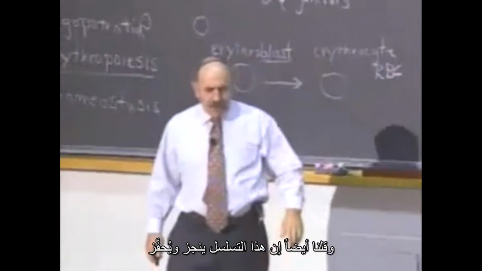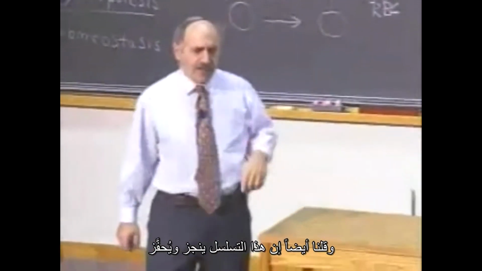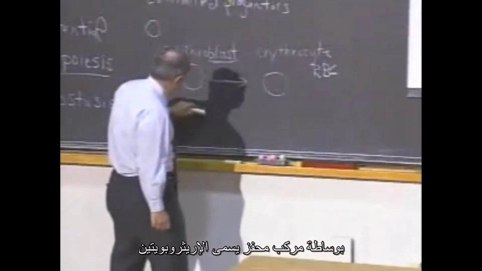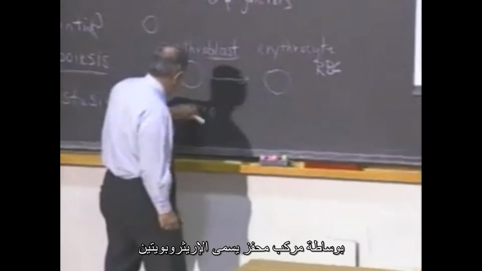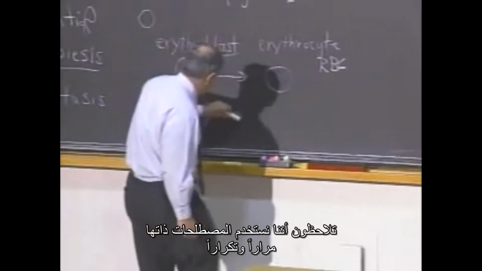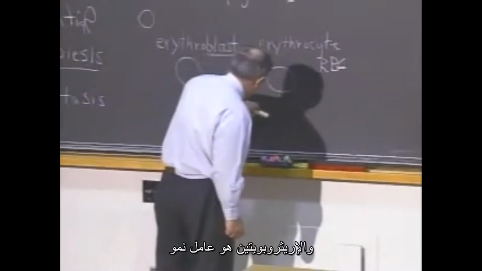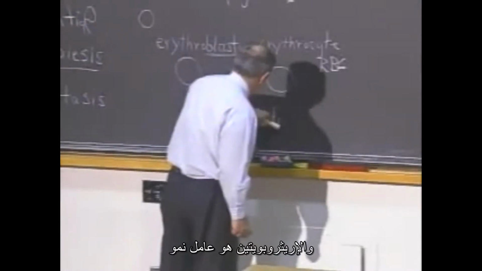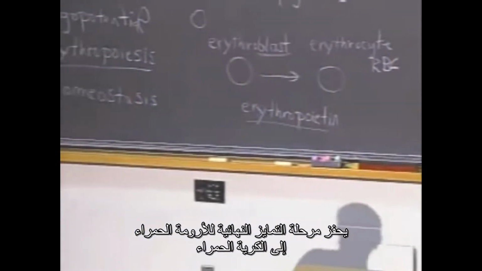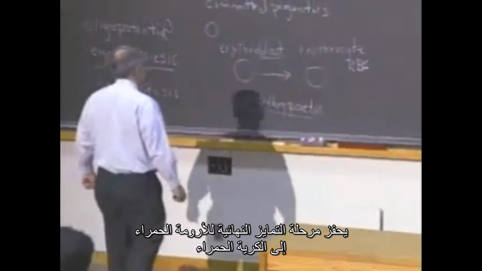And we talked about the fact that this progression is actually maintained and furthered by the stimulus of the compound called erythropoietin. So we're using some of the same words over and over again. Erythropoietin is essentially a growth factor which stimulates the end-stage differentiation of the erythroblast into the erythrocyte.